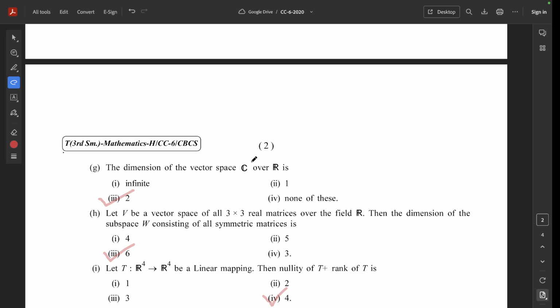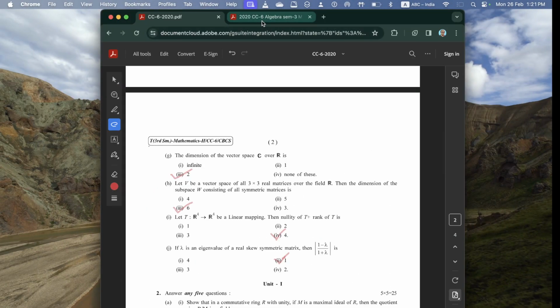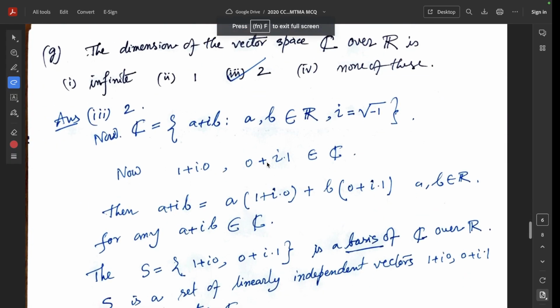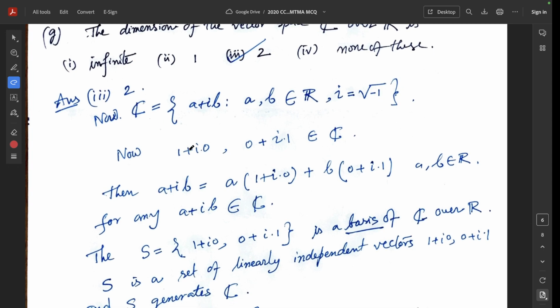The dimension of the vector space, the complex vector space, over the real numbers R. C is the set of complex numbers. This set is A plus IB such that A, B belong to the set of real numbers and I square equals minus 1. Now 1 plus I0 and 0 plus I1 belong to C, the set of complex numbers.